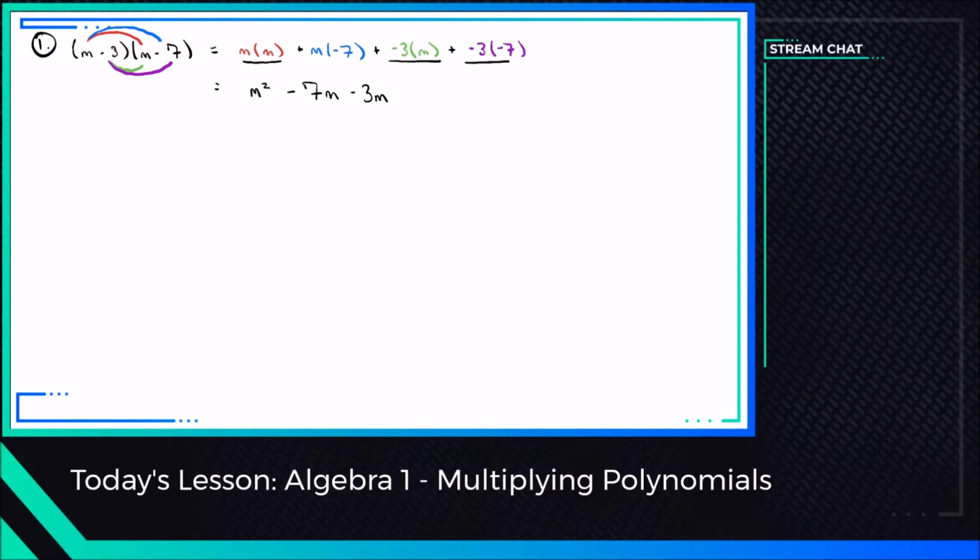And negative 3 multiplied by negative 7 is going to be a positive 21. And so now this is going to equal m squared. A negative 7m minus 3m is going to be a negative 10m. And then we're going to have our 21 at the end.